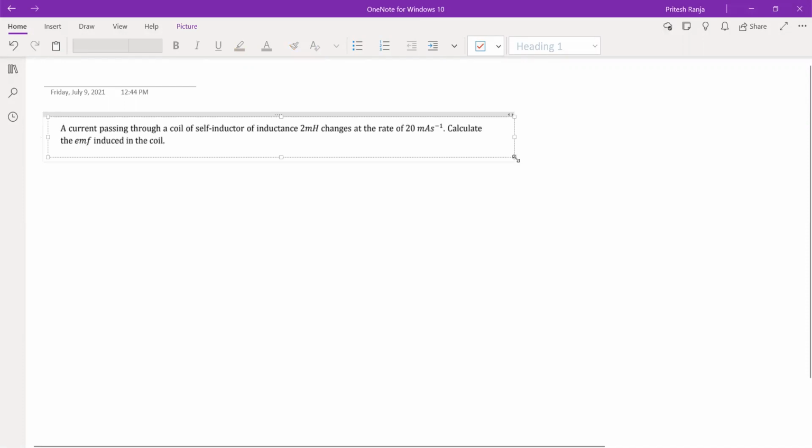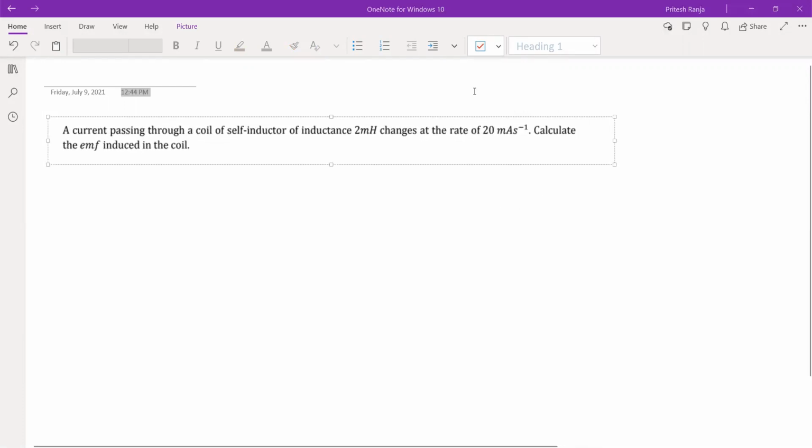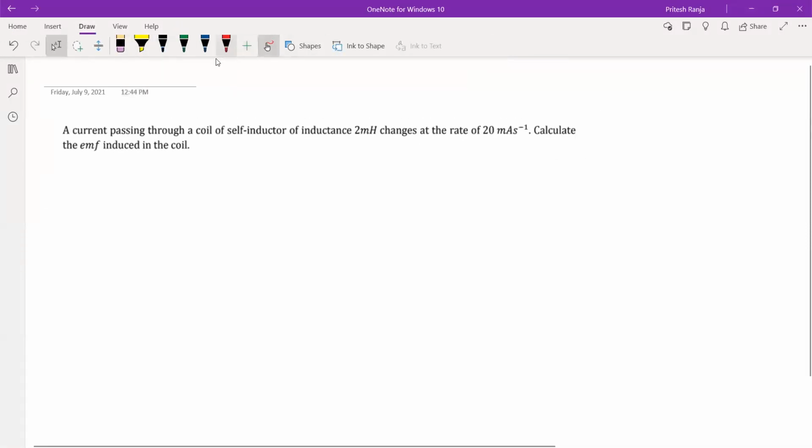So we will do this one. We will start with the questions of the self-inductor. Those who are done will let me know the answer.